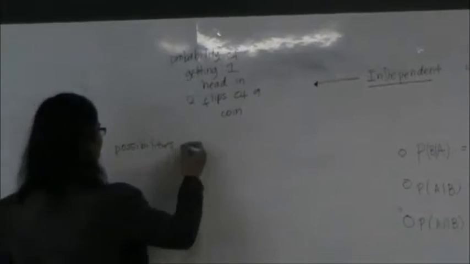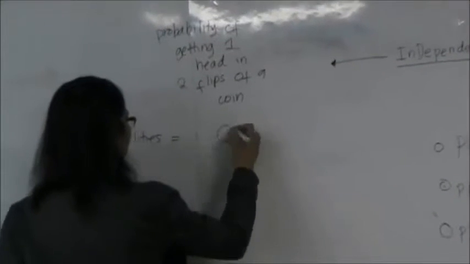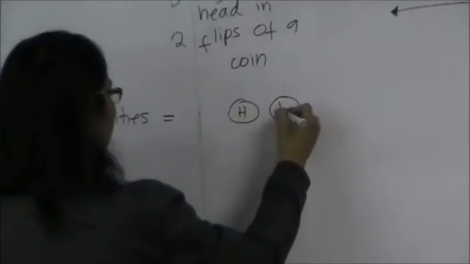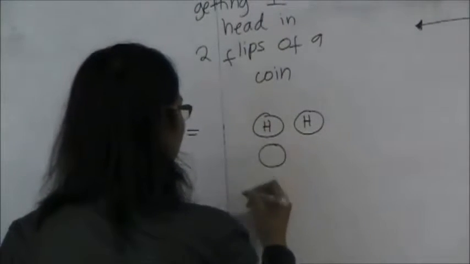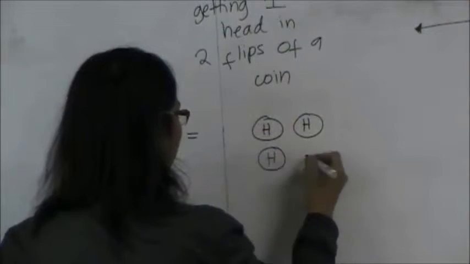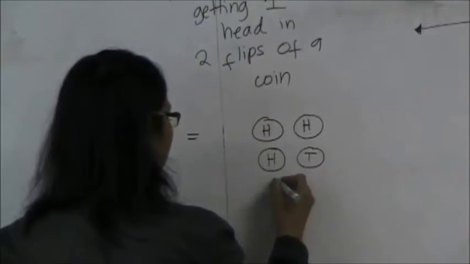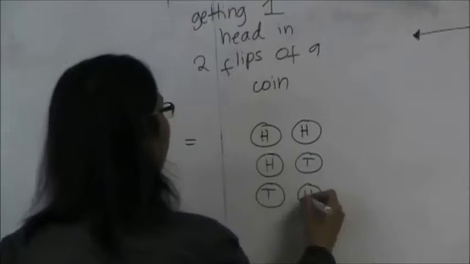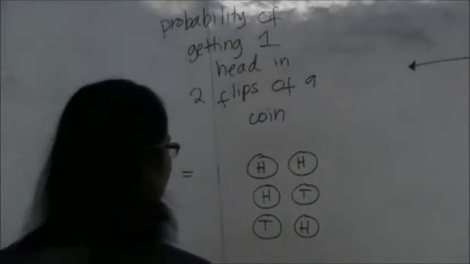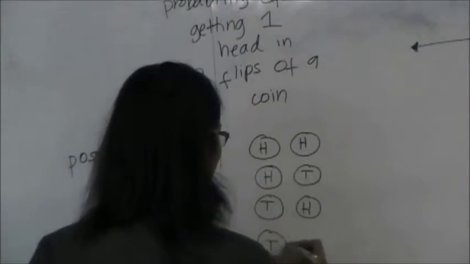The possibilities would be, well, both are heads. It's one possibility. The other possibility is this one is a head and this is a tail, and this one is a tail and this one is a head, and this one is a tail and this one is a tail.